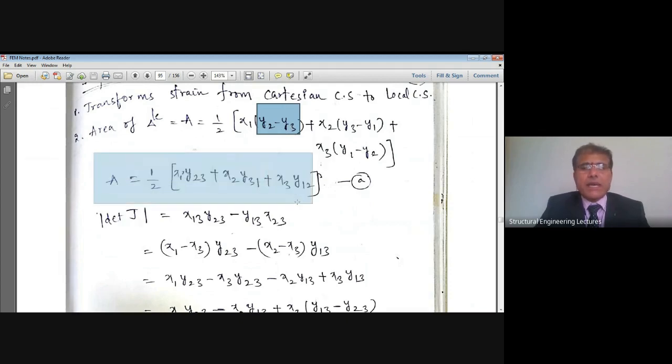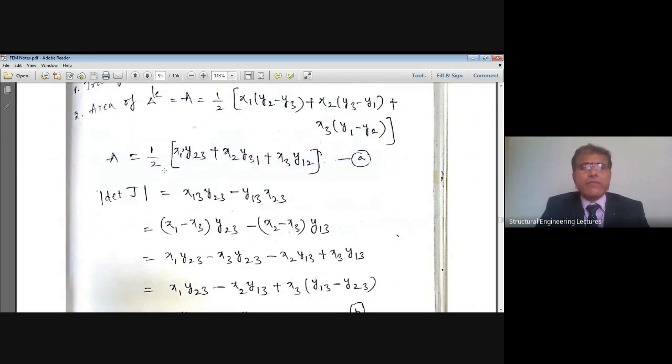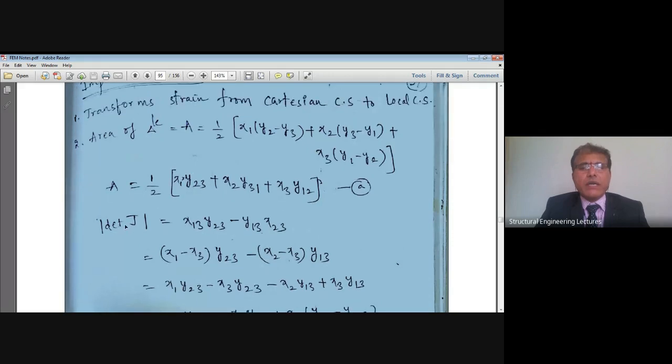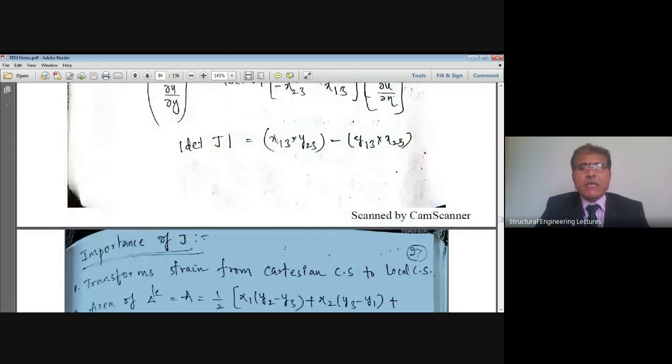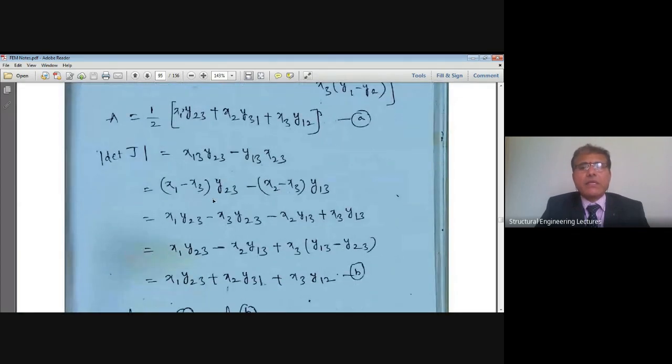The area of the triangle is given by this equation, half of x1 y23 plus x2 y31 plus x3 y12, right? Therefore, now we do have that determinant given by this equation, x13 multiplied by y23 minus y13 multiplied by x23. Just recalling that.